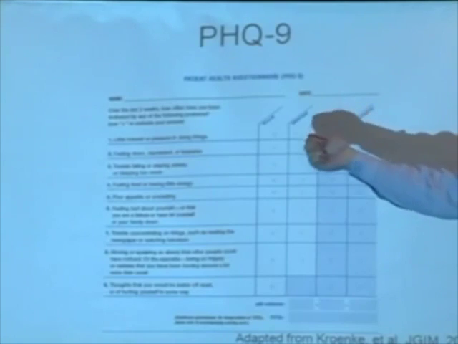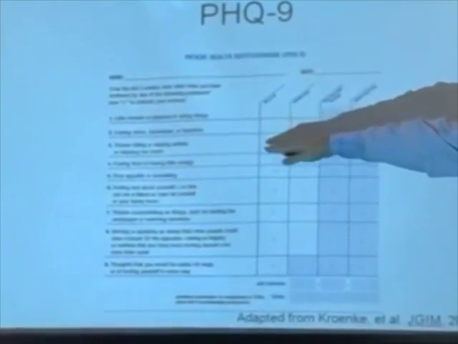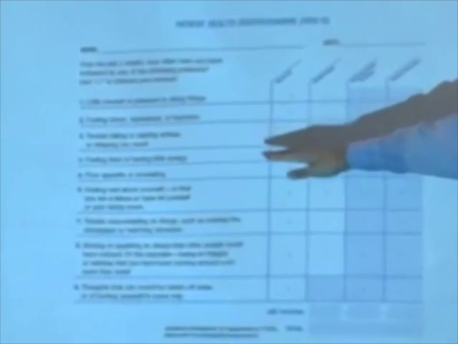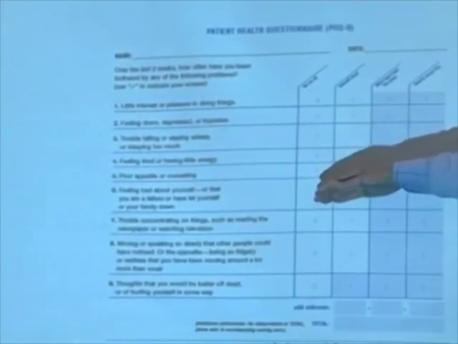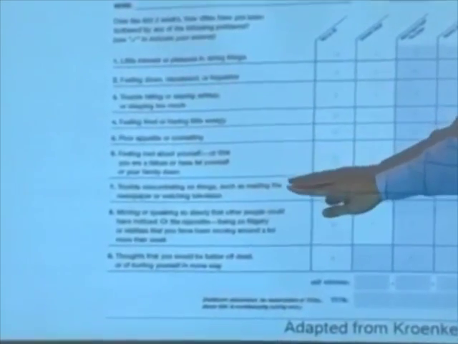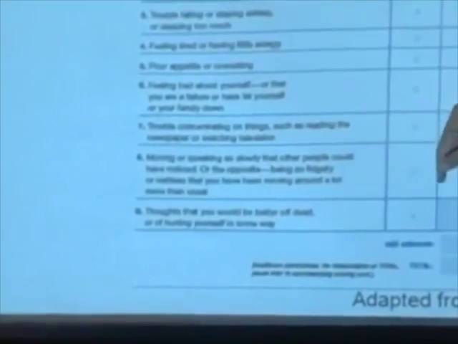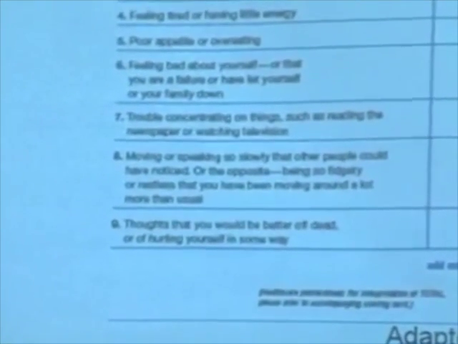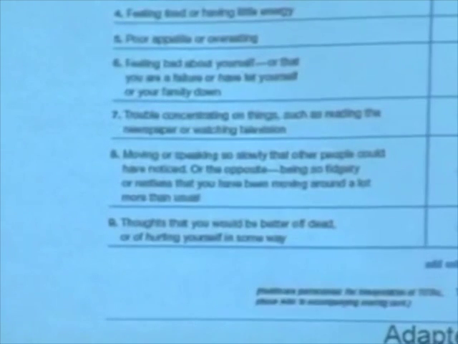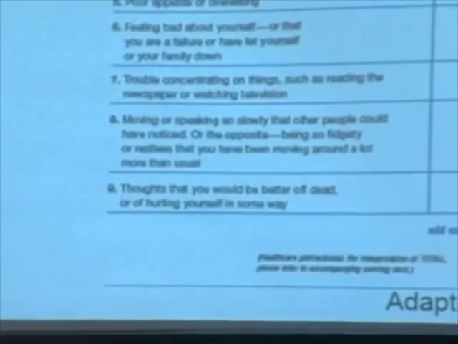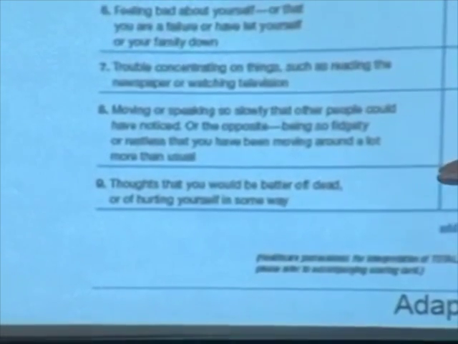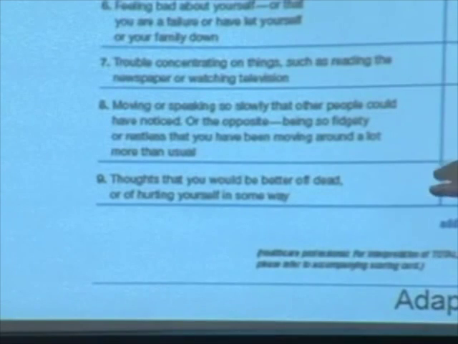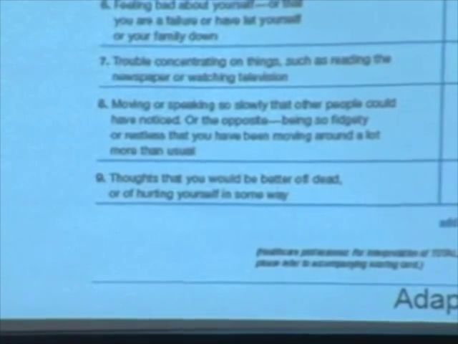Little interest or pleasure in doing things, feeling down, depressed or hopeless, trouble falling or staying asleep or sleeping too much, feeling tired or having little energy, poor appetite or overeating, feeling bad about yourself or that you're a failure or you've let yourself or your family down, trouble concentrating on things such as reading the newspaper or watching television, moving or speaking so slowly that other people notice it, or the opposite, being so fidgety or restless that you've been moving around a lot, much more than usual, and then thoughts that you would be better off dead or hurting yourself in some way. So again, these are all those same symptoms that we talked about earlier.